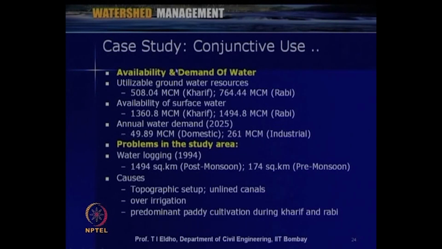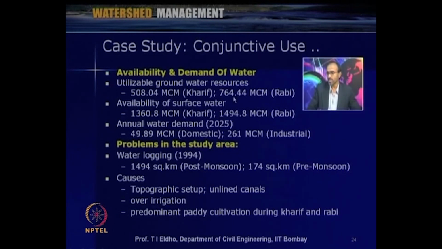As far as availability and demand are concerned, the utilizable groundwater resource is about 508 million cubic meters in the Kharif season, that is, the rainy season, and 764 million cubic meters in the Rabi season, that is, after the rainfall, during the summer season. The availability of surface water is 1360 million cubic meters in Kharif and 1498 million cubic meters during the Rabi season.